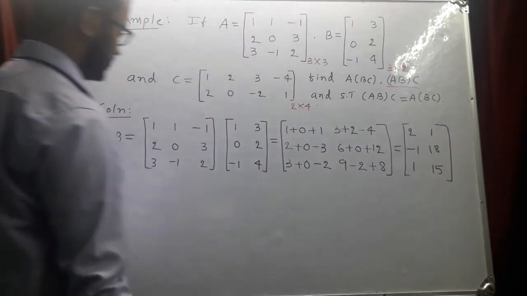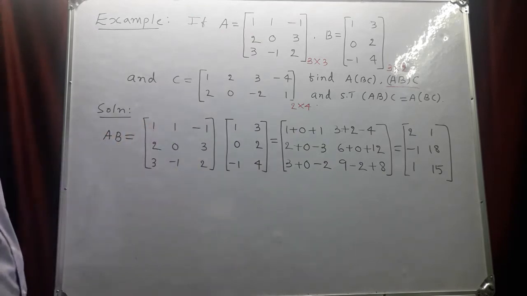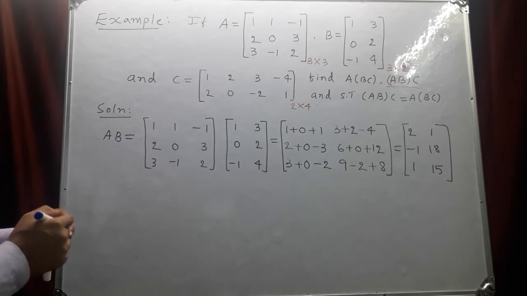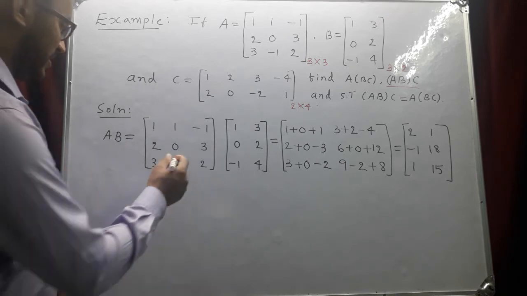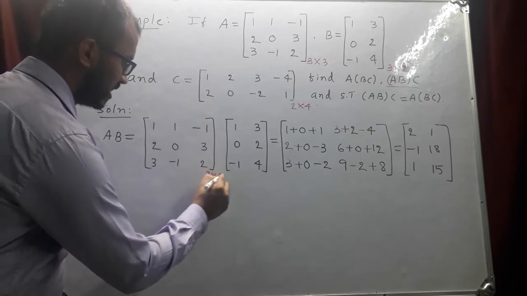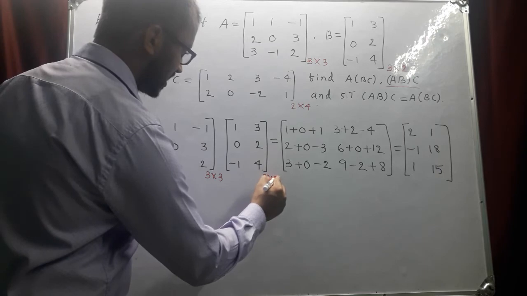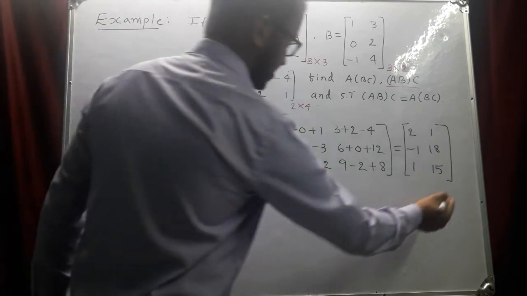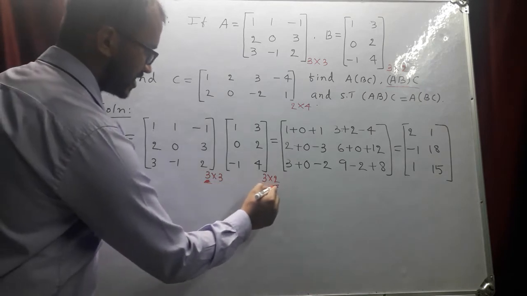So this is the product obtained by multiplying the matrices A and B. Also we can see that the order of matrix A is 3 by 3, the order of matrix B is 3 by 2, and the order of the product matrix we got is 3 by 2.